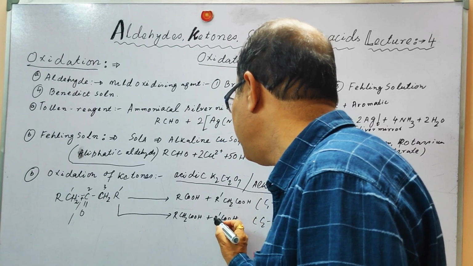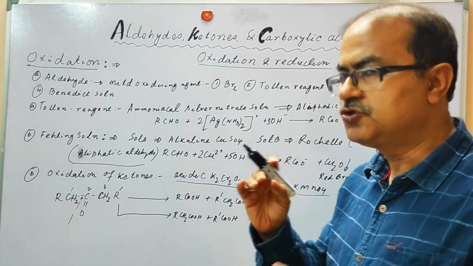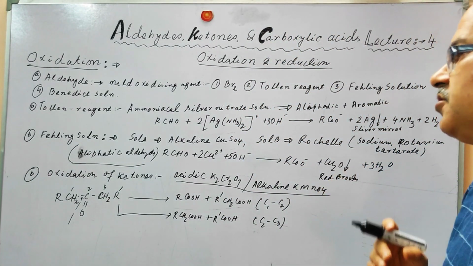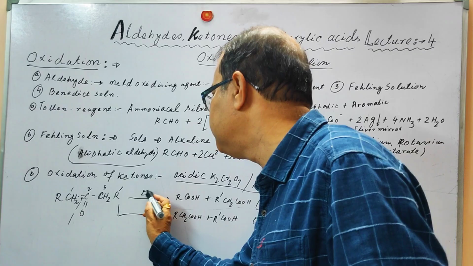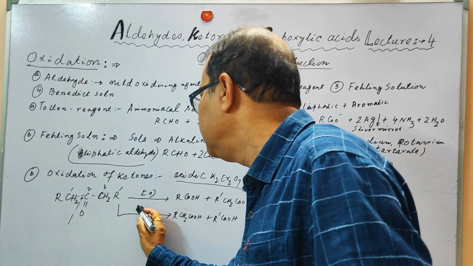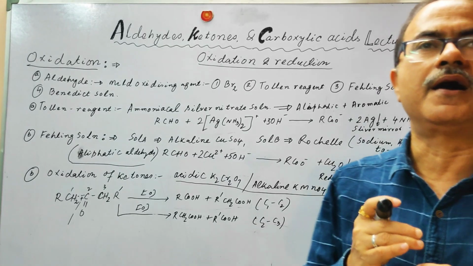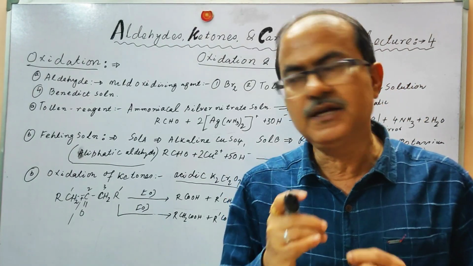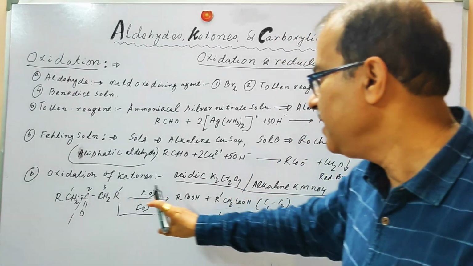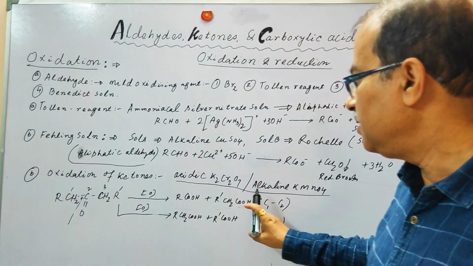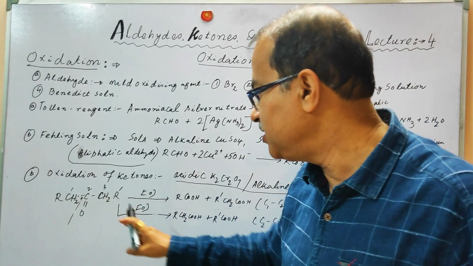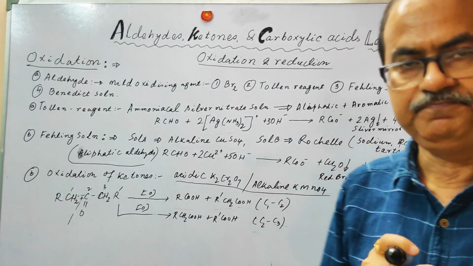So every time, the carboxylic acids produced from the oxidation of the ketone have a lesser number of carbon atoms. You can see both the carboxylic acids produced from this oxidation.